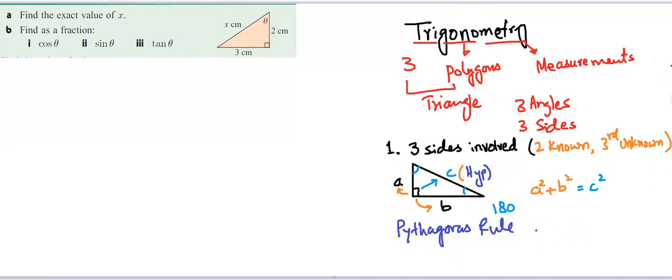And continuing further, if we have angles and sides both involved, I'll put it here, angles and sides involved, then our way out is the trigonometric ratios.